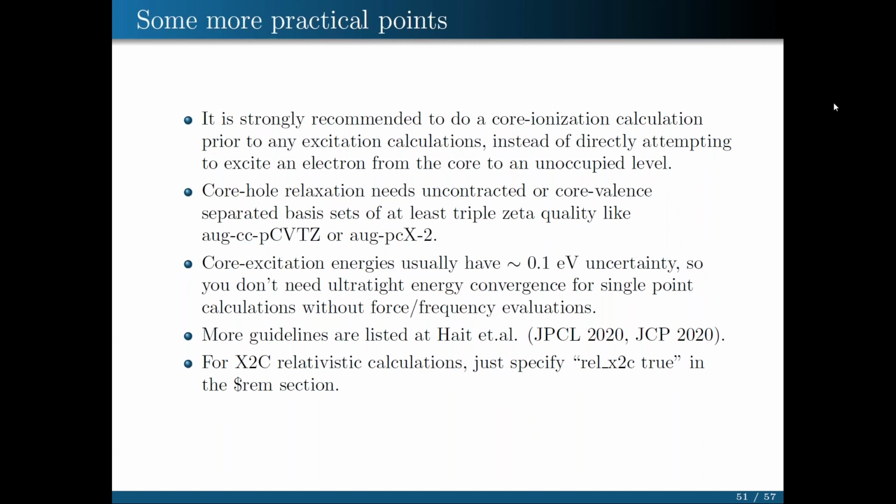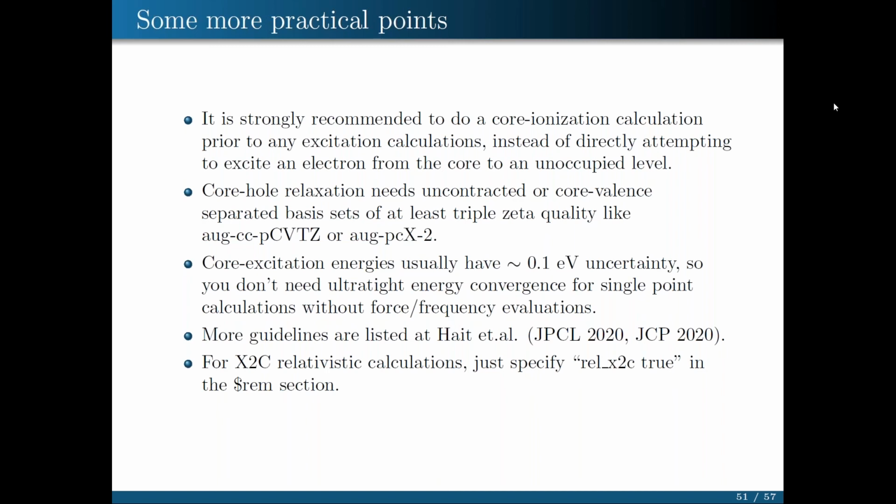It might seem like some wasted effort in converging the core ionized state, but trust me, it's very much worth the effort, because the core hole formation is very much decoupled from the rest of the problem, and the unoccupied orbitals of the core ionized state are a much better guess for the particle level of the core excited state than the unoccupied levels of a fully neutral molecule.